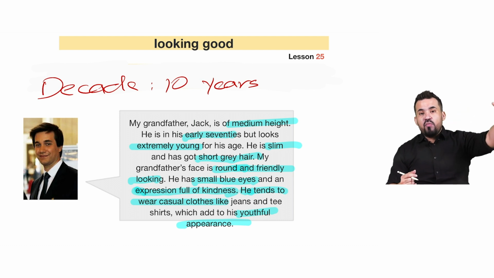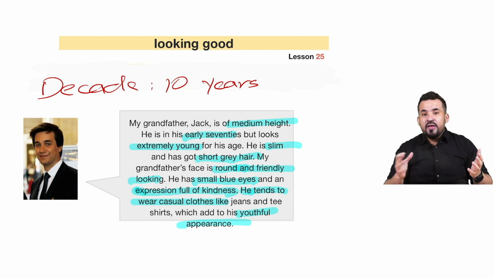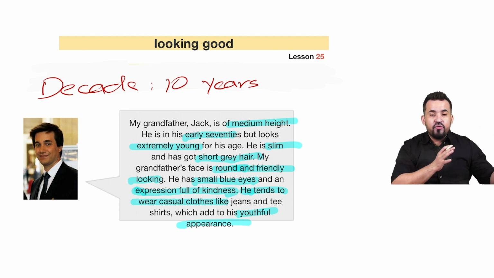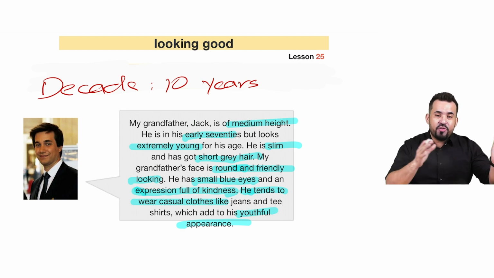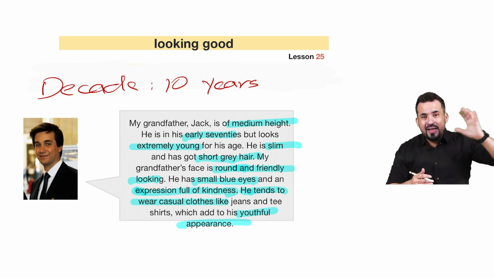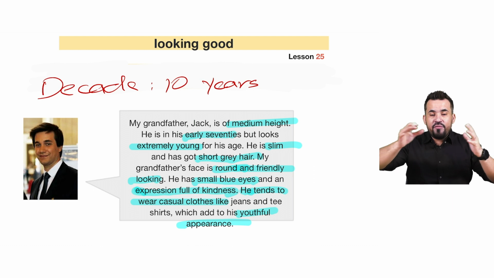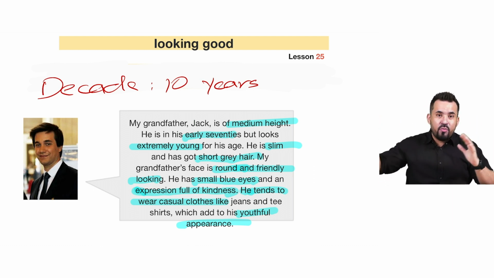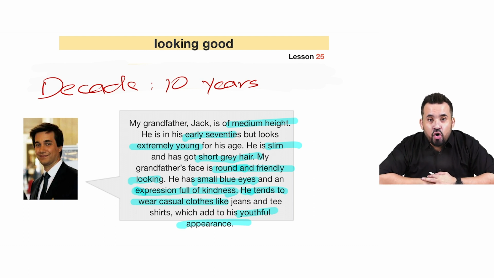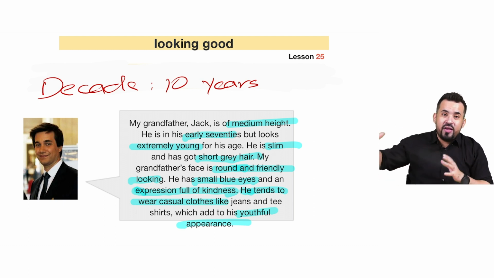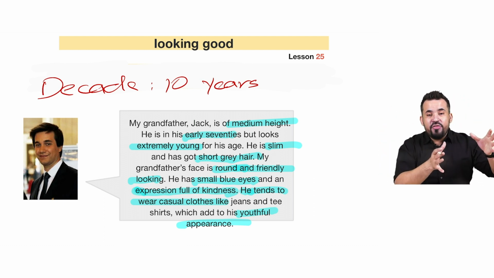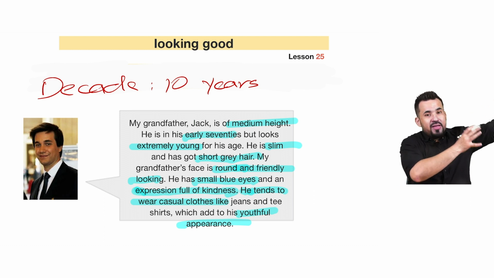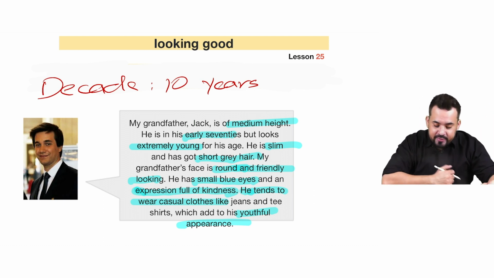If you say someone is in their late 30s, that means they are between 37 and 39. So 37, 38, 39 is late, 34, 35, 36 is mid, 31, 32, 33 is early. The first 3 years is early, the second 3 years is mid, the last 3 years is late.